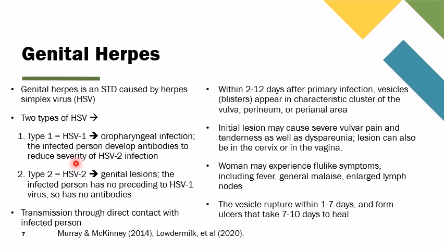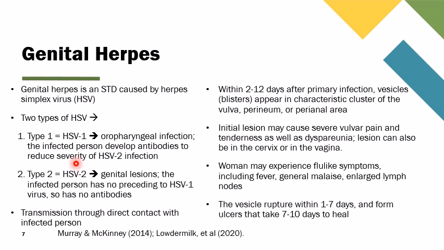a cluster of blisters on the vulva, perineum, or perianal areas, and this initial lesion may cause severe vulvar pain and also tenderness, as well as dyspareunia, which means painful intercourse, and also the lesion can be inside the cervix or inside the vagina.